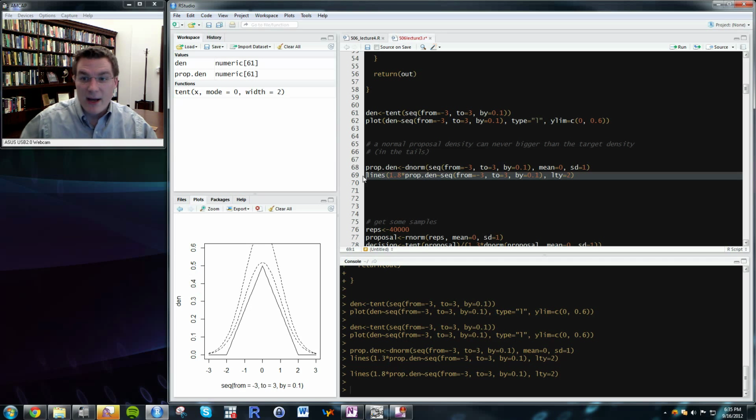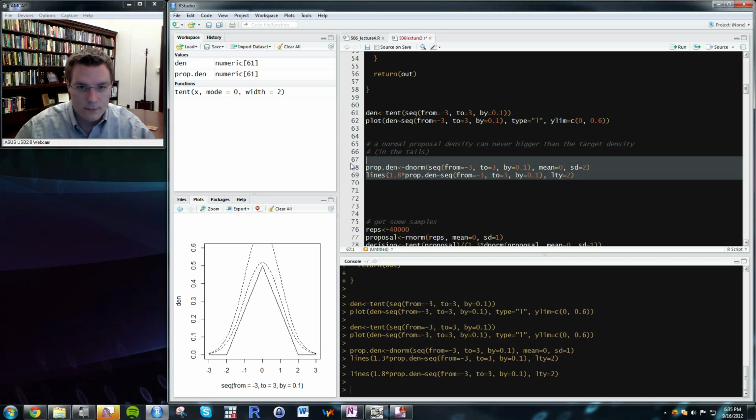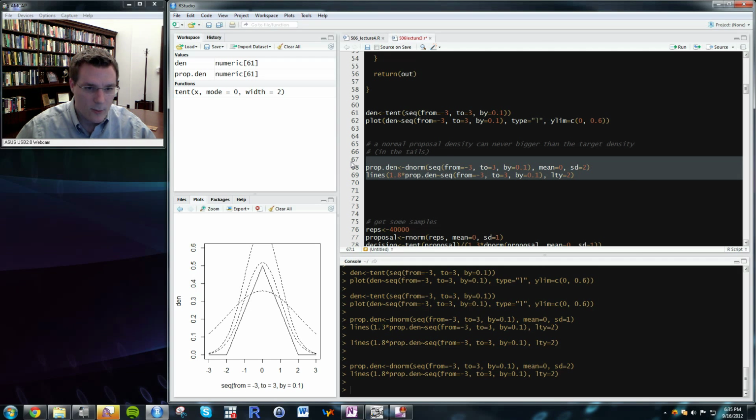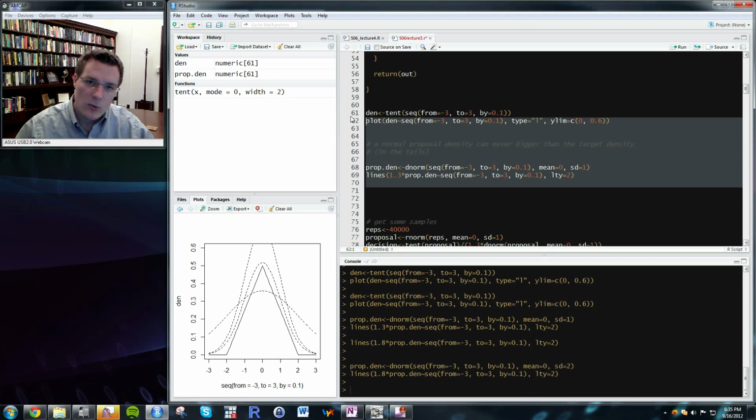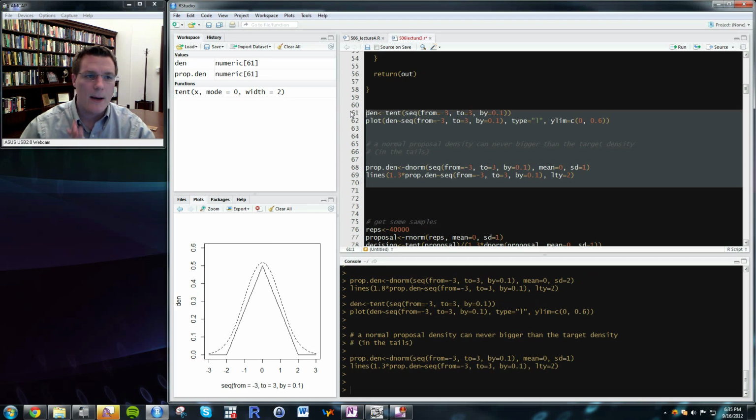I could have spread out the standard deviation of the density to 2, like that. Well, now the peak's cut off, so we need to raise it up again. But both of those things are just going to result in a lot of wasted draws. Remember that the goal here is to propose candidates for the target density out of the proposal, and then reject them at a rate equal to the ratio between the height of the target and the height of the proposal density.